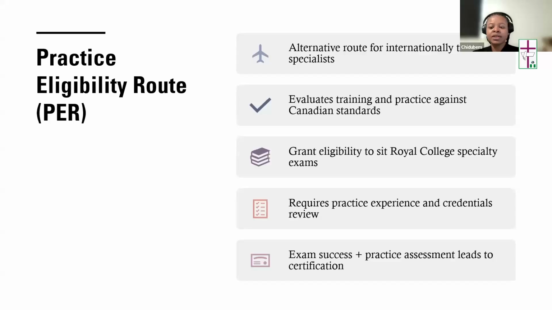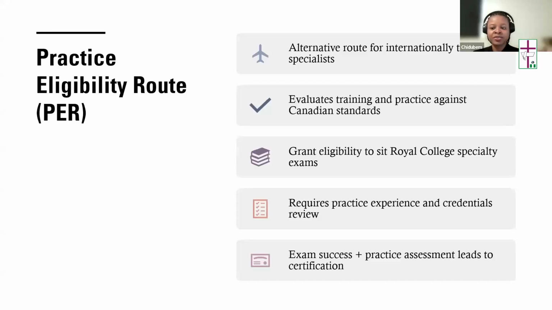Even after you receive the exam eligibility, you must still complete all the exam components, which include the oral and the written. And generally, for most provinces, you need to complete 2 years of practice under supervision in Canada, where you are assessed against the Canadian expectations before you can become fully certified. Here, the Royal College certifies you. This is not a license to practice.